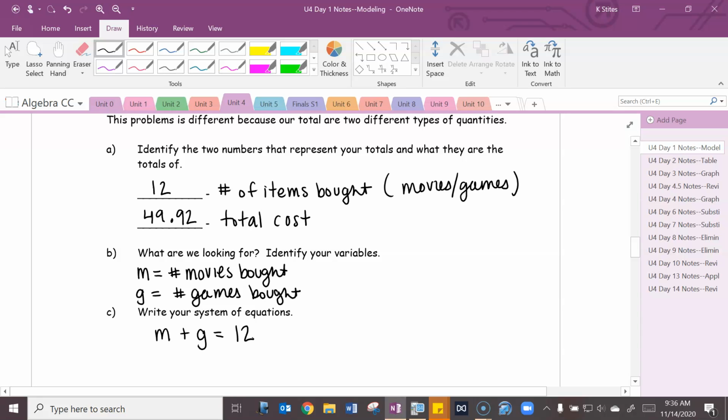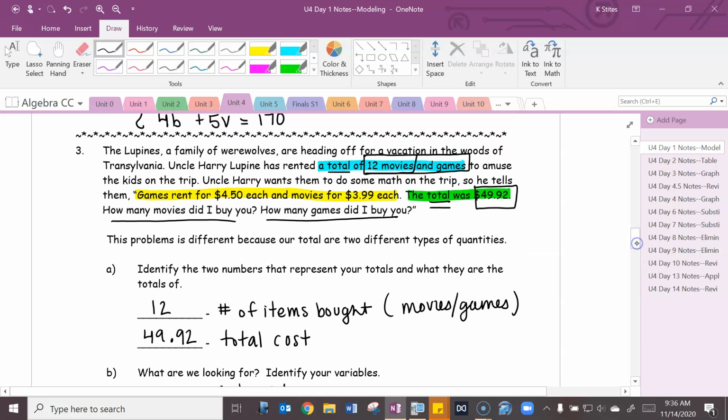This one is talking about how many items we bought. The second is going to be equal to $49.92, because that's our other total. $49.92 is talking about money, and so the other numbers that you were given that represent money will go in the same equation together.